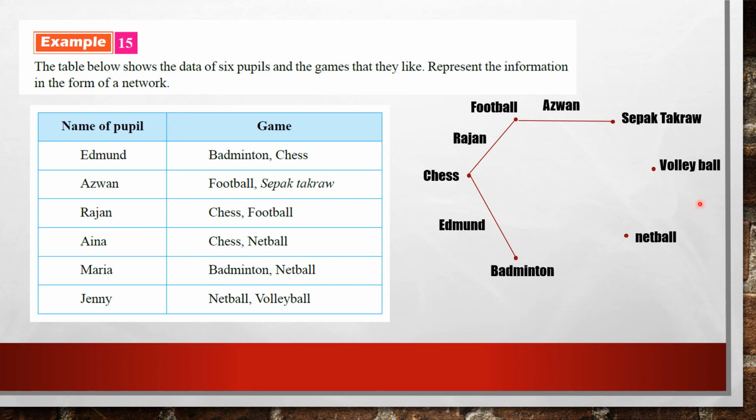So you label the edge as Rajan. Then Aina. Aina likes chess and netball. So you label the edge as Aina. Then Maria likes badminton and netball, so you label the edge as Maria. And the last one, Jenny likes netball and volleyball, so you label the edge as Jenny.